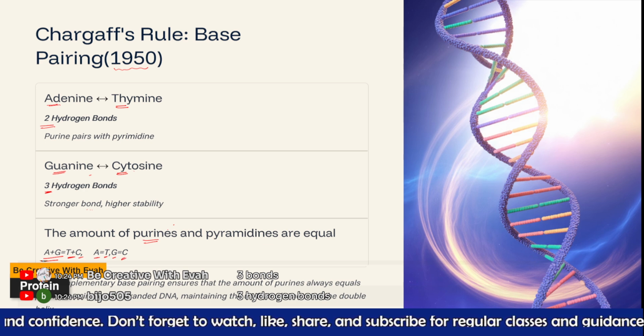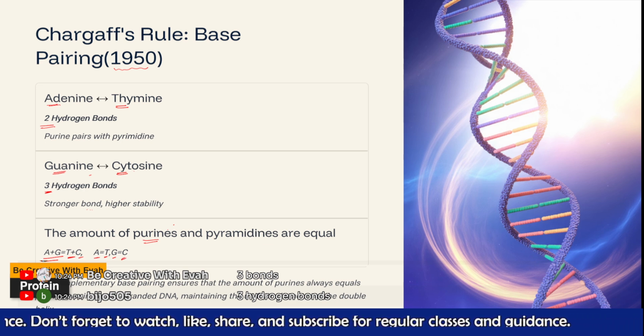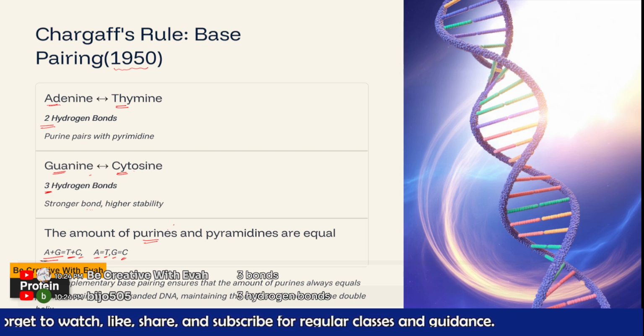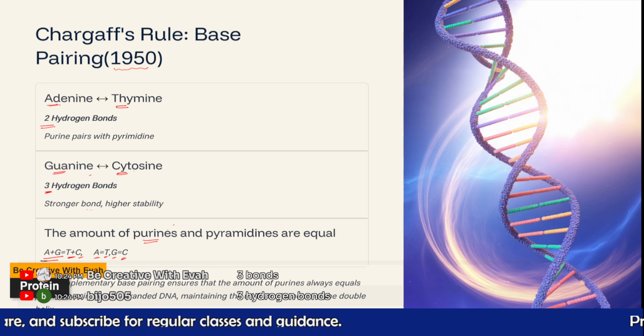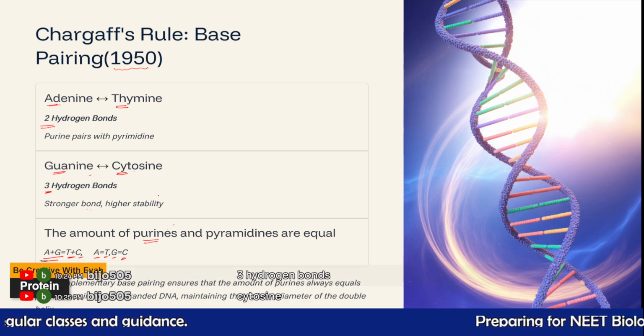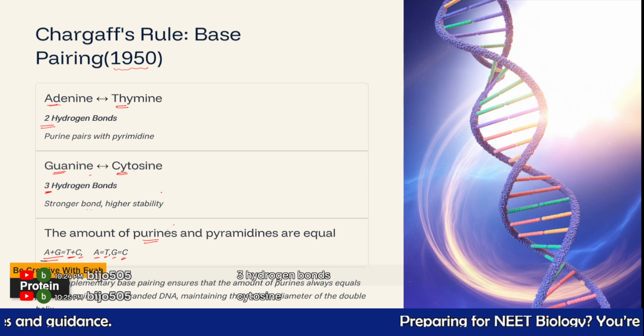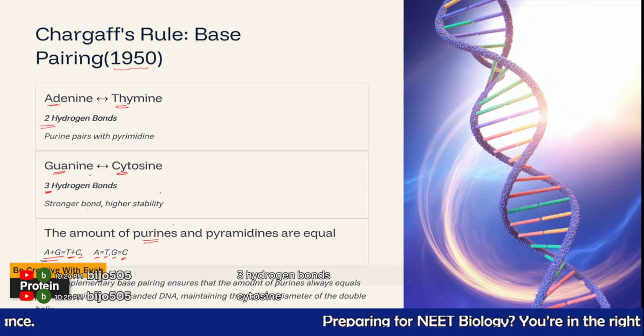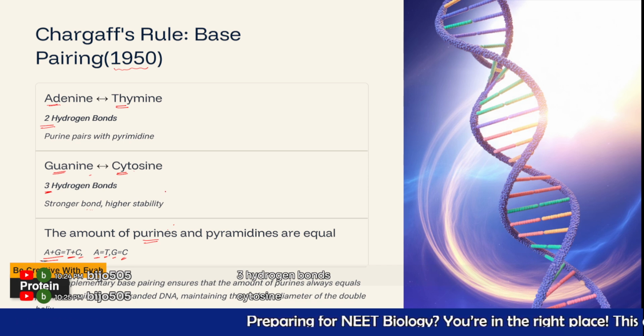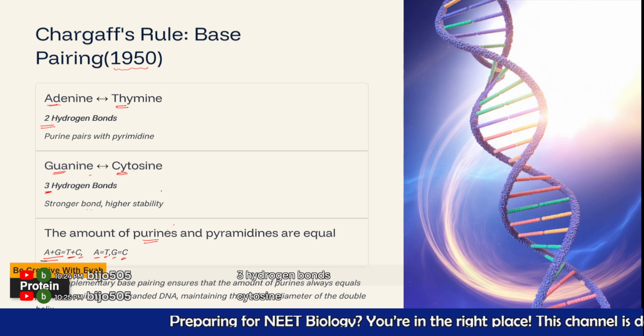So the base pair ratio from one species to another species will be different, but the ratio will be the same in all the individuals of a specific species. So remember all those points.